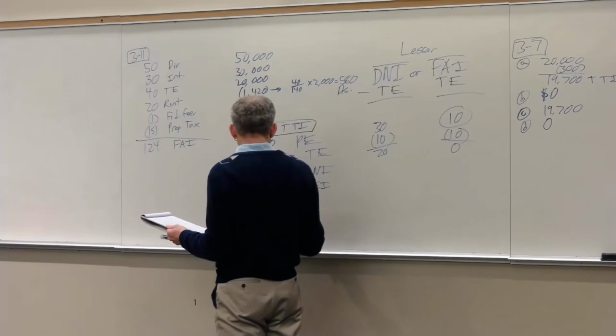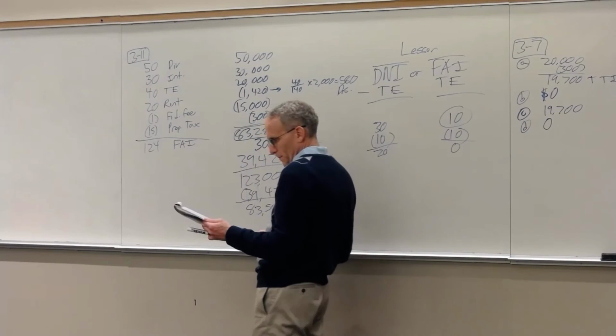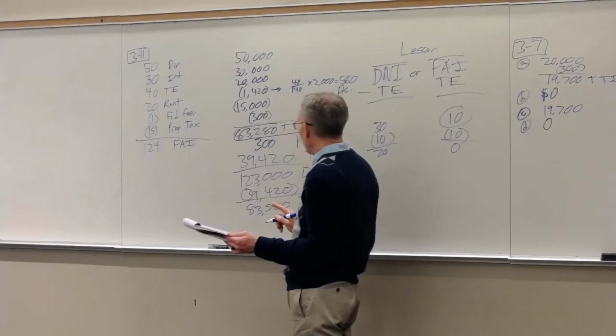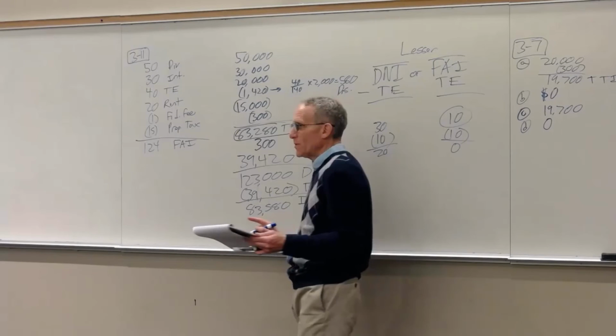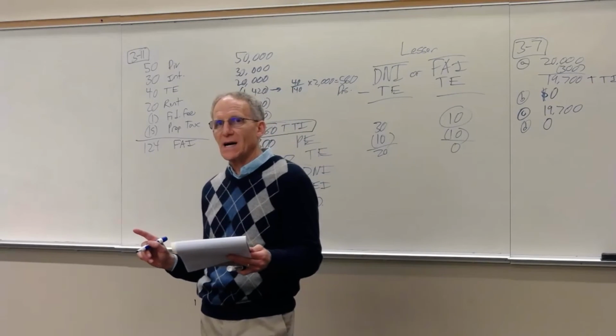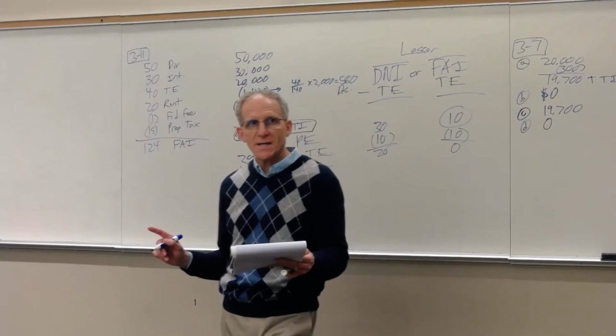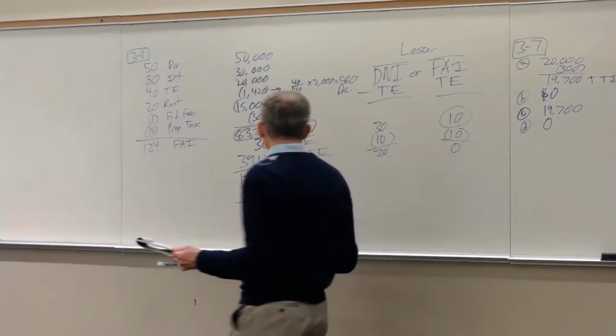It is our income distribution deduction. However, Mohammed's right. We only are allowed to subtract the lesser of the modified DNI or the modified fiduciary accounting income. Everyone agree? This is one calculation.